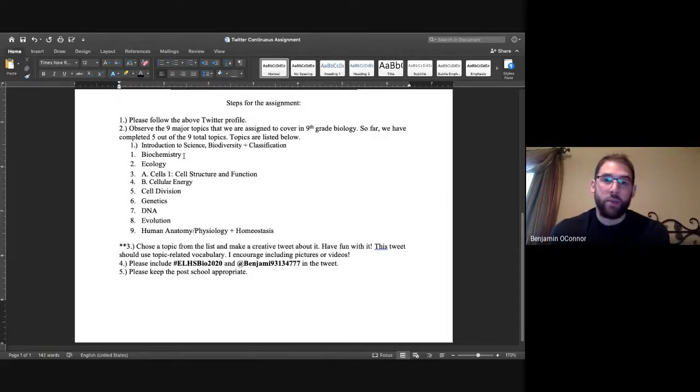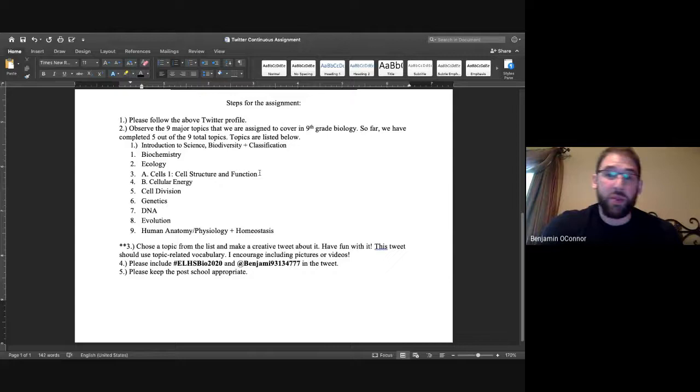Biochemistry, anything to do with proteins or carbohydrates. You could send me a picture of your dinner plate and say, oh, look, I have steak. That's proteins. There's a lot of amino acids in there. And here are some mashed potatoes, and it's all starch and all carbohydrates. All right, cellular energy and such. Take a picture of a plant, and you can talk about photosynthesis.